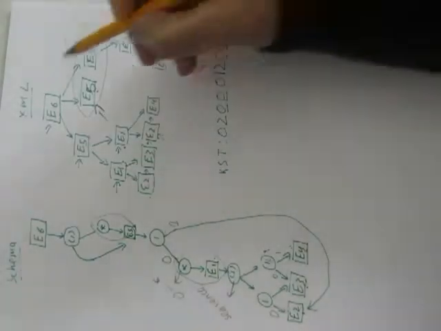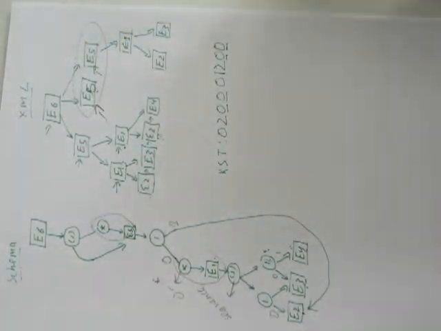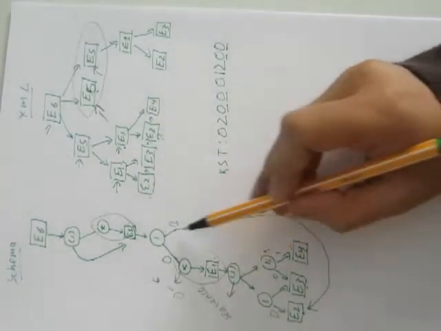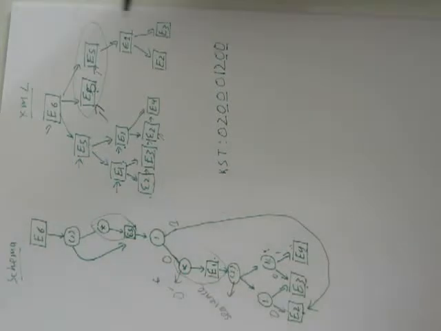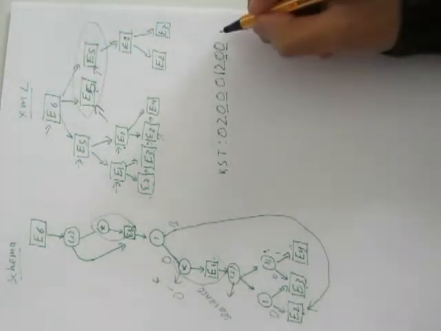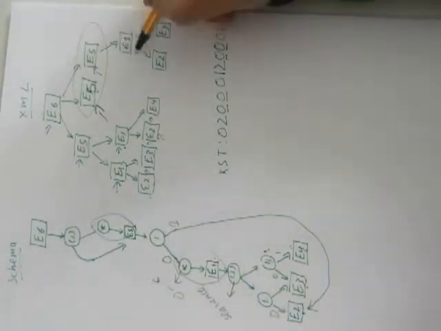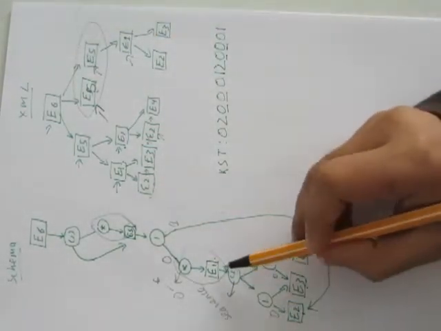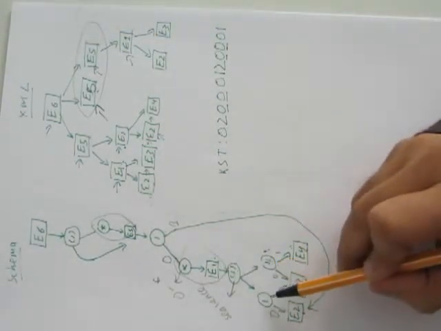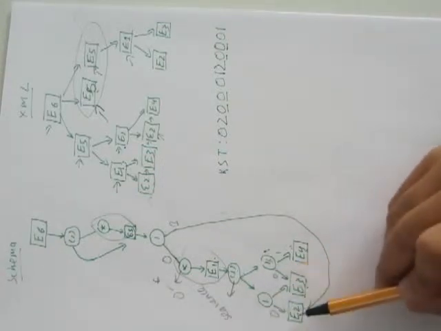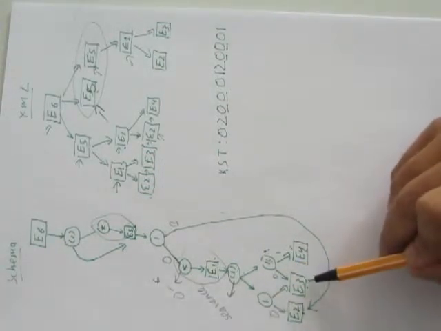Then we come to the other E5, which has the same rule: either several E1 or one E2. Here we have E1, so that means we choose left, and we have one E1. Then we come to E1, which has the same rule. One side is either E2 or E3, and the other side is E3 or E4.